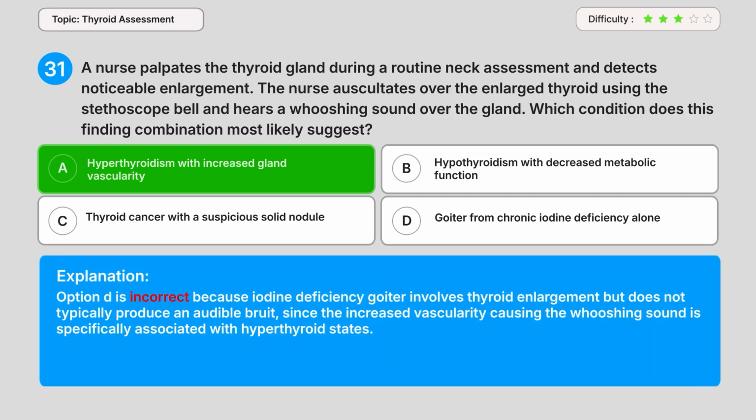Option D is incorrect because iodine deficiency goiter involves thyroid enlargement, but does not typically produce an audible bruit, since the increased vascularity causing the whooshing sound is specifically associated with hyperthyroid states.